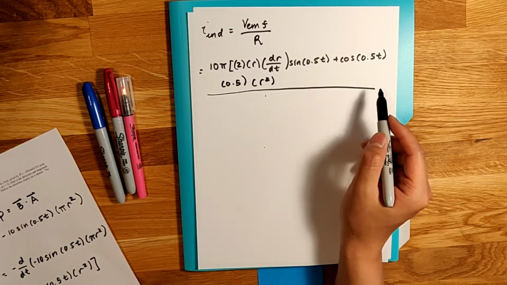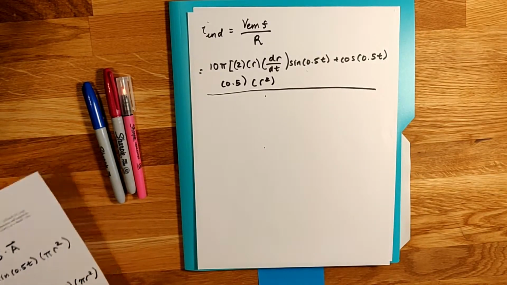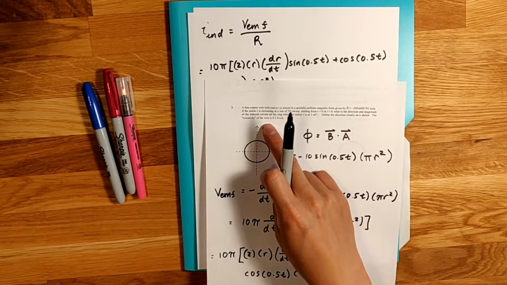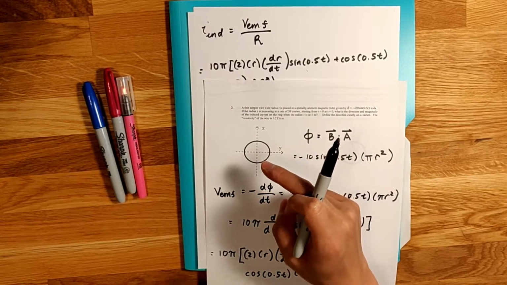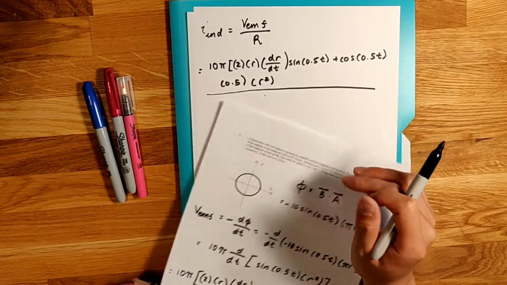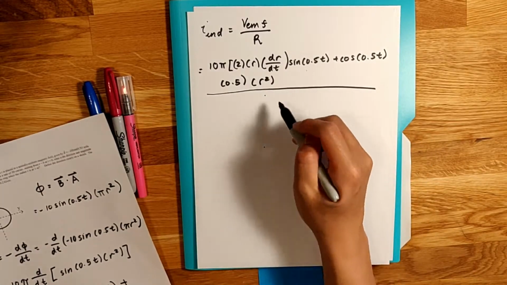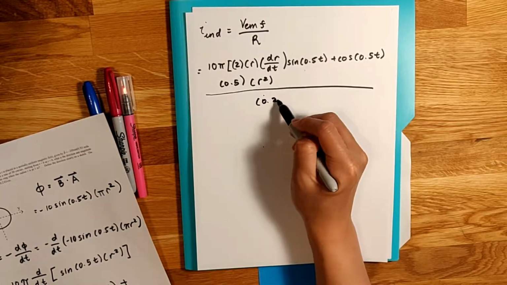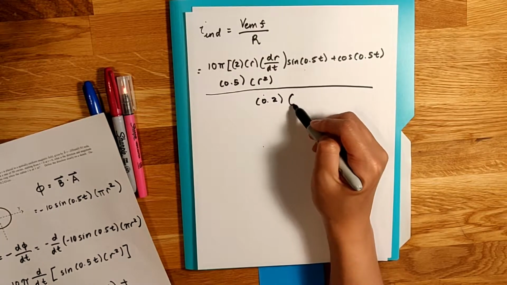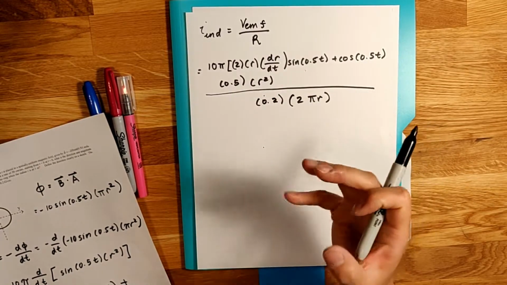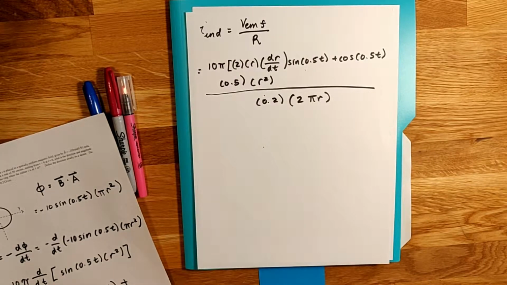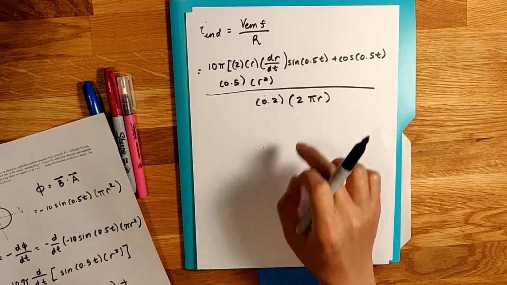And in this case, what is our resistance? Since resistivity is given, we simply need the length of the circle, which is 2 pi r. So 0.2, which is the resistivity, times 2 pi r, the circumference of the thin copper wire, and this will give us the resistance.